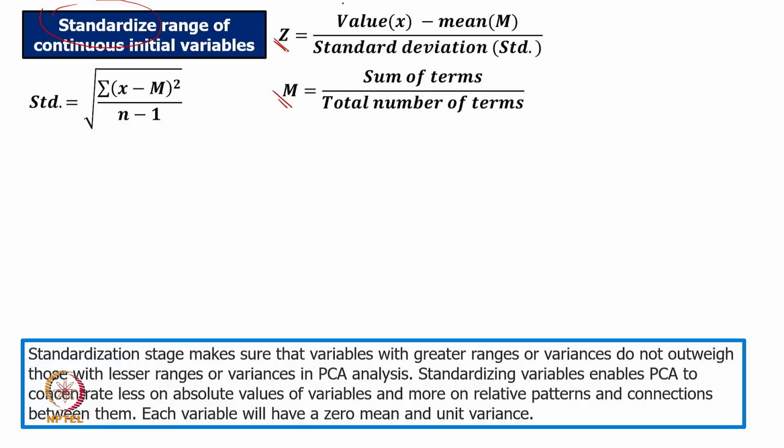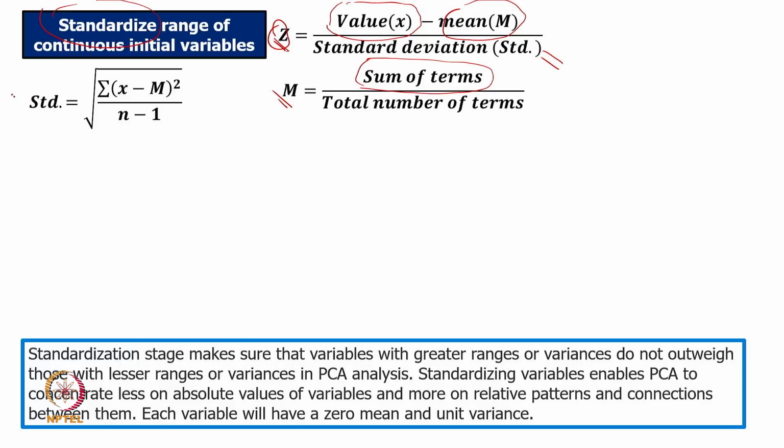We have a data set with data number 1, data number 2, data number 3. So, we can say that is the value x. We figure out the mean value of the data column, subtract it, and divide by the standard deviation. So, this is a normalized z value. Now, how do we find the mean value? The sum of the terms divided by the total number of terms provides the average, or mean, value.